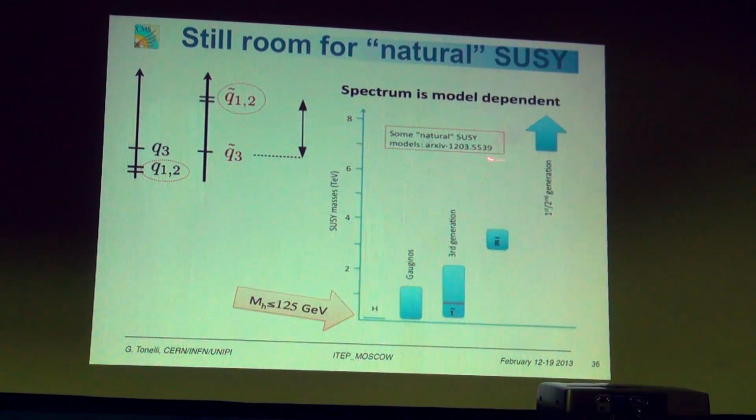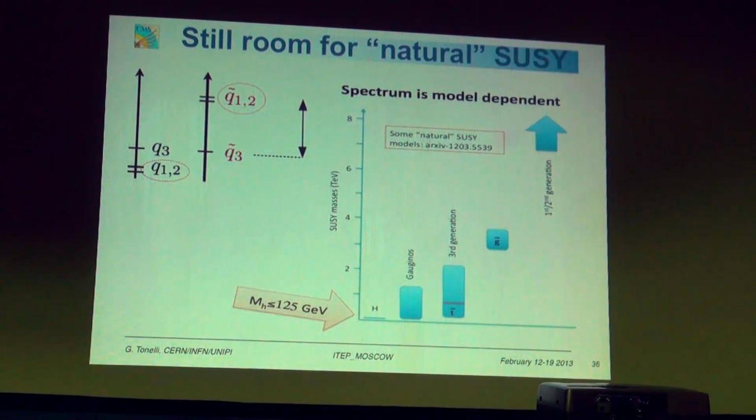It could easily be because they are too heavy to be produced. But what could be accessible could be gauginos, the W and Z partners in supersymmetry, or the stop and sbottom, the third generation, that could still be in a region between a few hundred GeV and 2 TeV. So again, these are states we have not looked at properly so far.